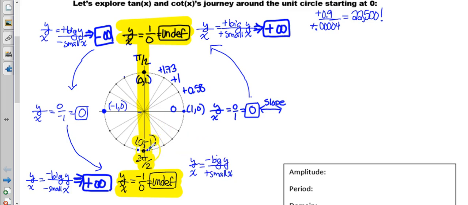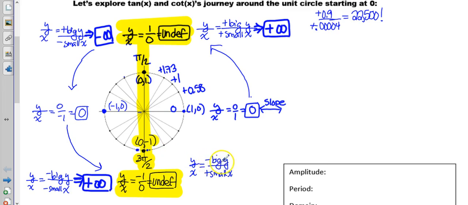Because to get to this little ordered pair that's super close to the right of that undefined value, you would go right just a little bit, super small, and that's positive, right? So positive small x value, and then a very big negative y value to get there.